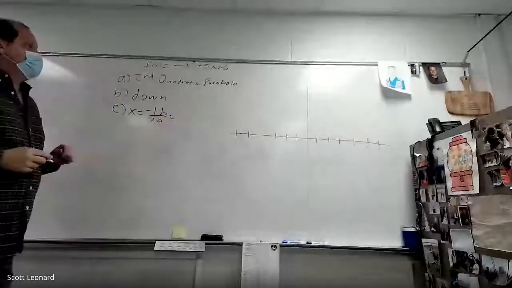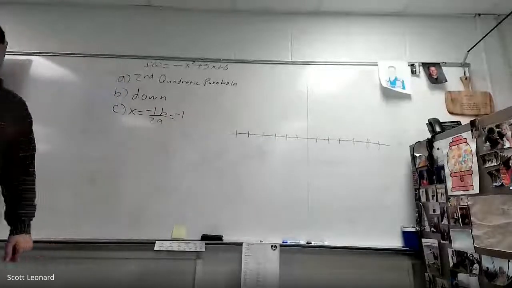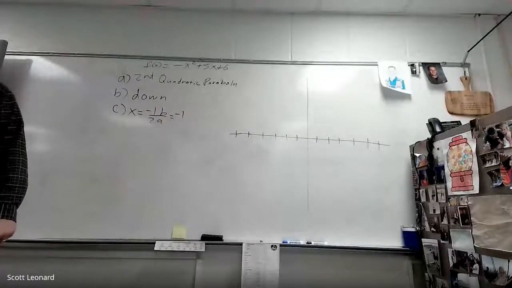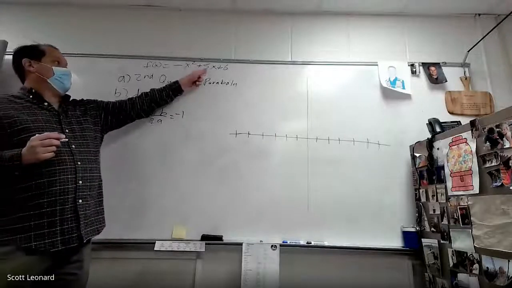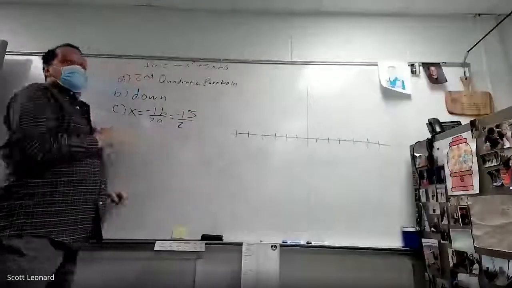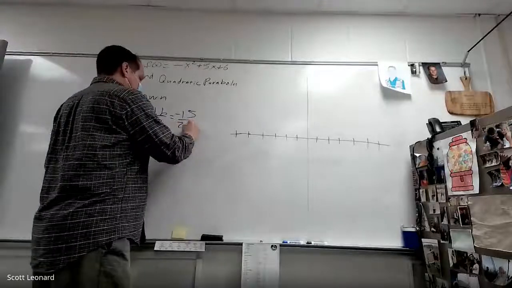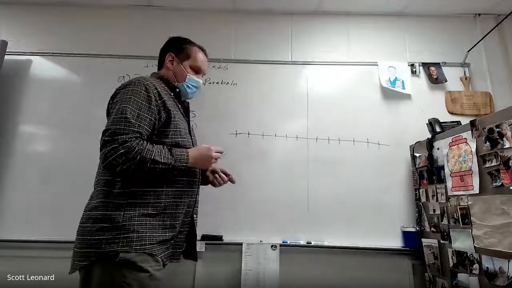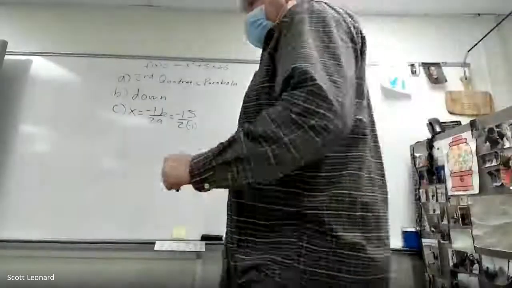So for this problem, we're doing -1 times 5, which is the b, over 2 times -1. All right, you guys find the value there. Go ahead and work that out. It's going to be a decimal, and that's okay.